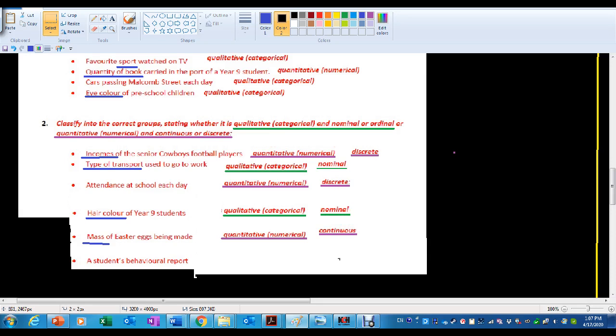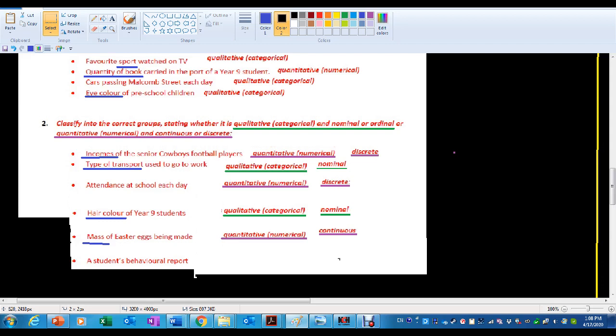Students' behavior reports. In a behavior report, what kind of grade are you going to use? Normally, when we describe someone as well behaved, we use something like A, B, things like this, right? Or in some reports, you might write excellent, well done, and fair, room for improvement.